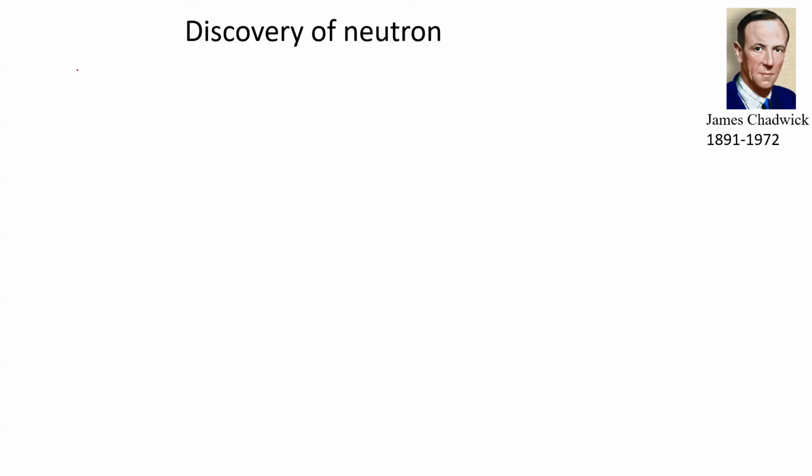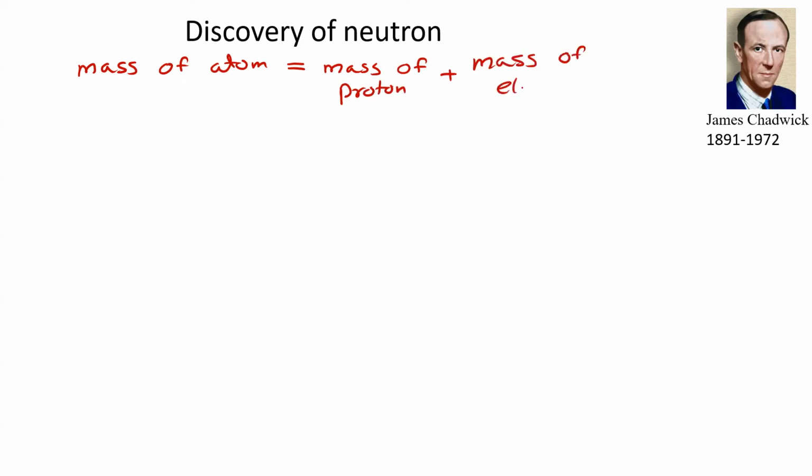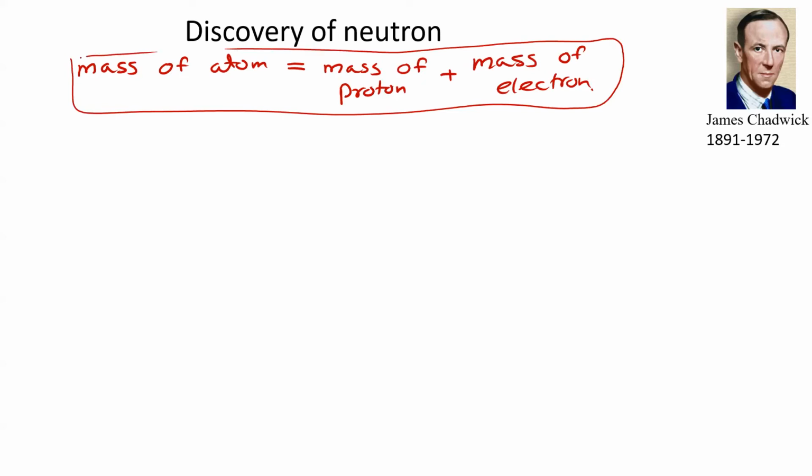So by this time, they knew that the mass of the atom should be the mass of protons and the mass of electrons. This is something they believed by that time. But suddenly they started to discover that this is not the case.